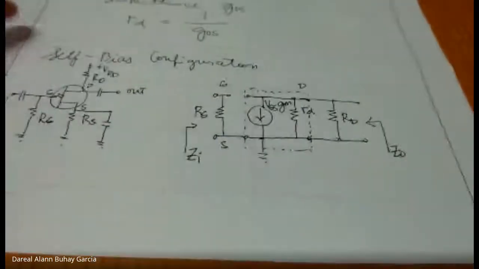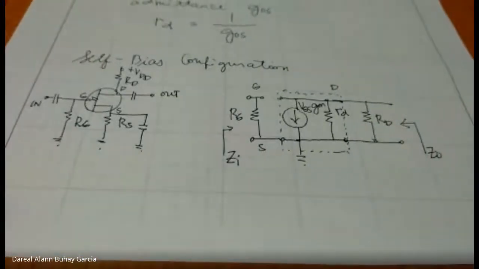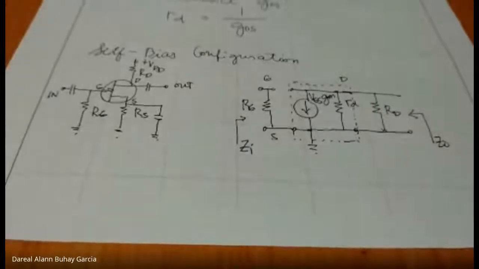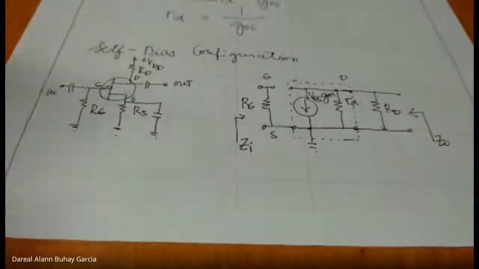Okay, who'd like to guess how much the input impedance is? We don't need to derive it, I think it's fairly obvious. How much is ZI for a self-bias configuration? Okay, very good. ZI is RG.